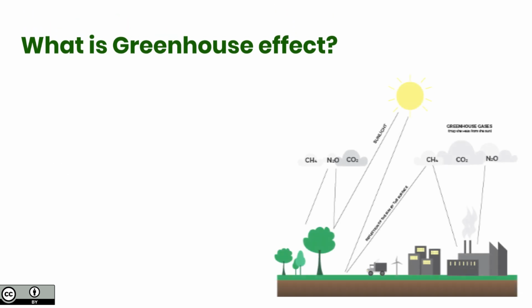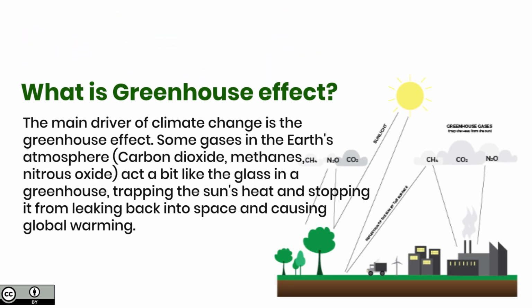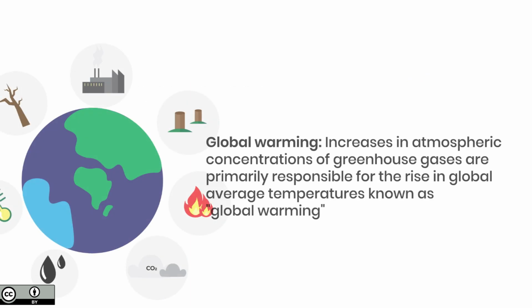What is the greenhouse effect? The main driver of climate change is the greenhouse effect. Some gases in the Earth's atmosphere, carbon dioxide, methane, nitrous oxide, act a bit like the glass in a greenhouse, trapping the sun's heat and stopping it from leaking back into space, causing global warming. Global warming: increases in atmospheric concentrations of greenhouse gases are primarily responsible for the rise in global average temperatures known as global warming.